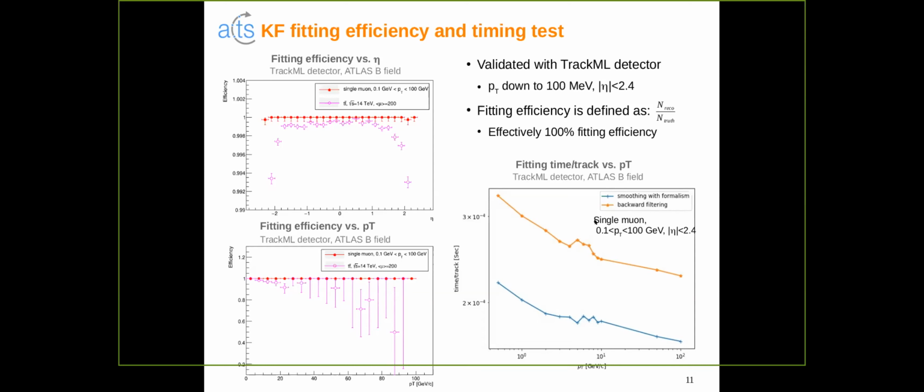And this is the fitting time versus the pT. As we can see, we have 0.2 milliseconds for one track, and the different colors here are the different smoothing approaches. So the Kalman filter fitting is very fast.